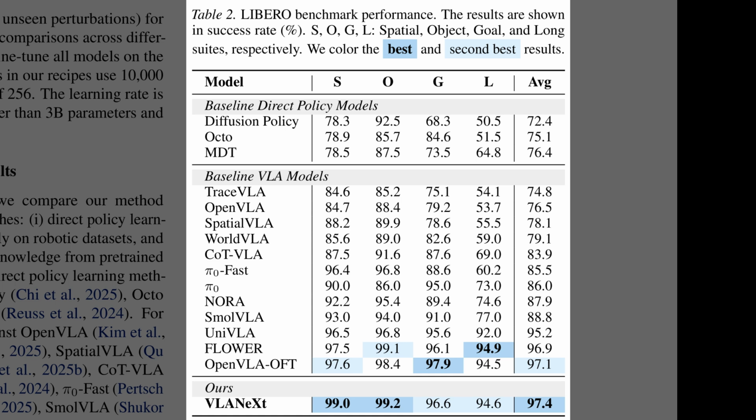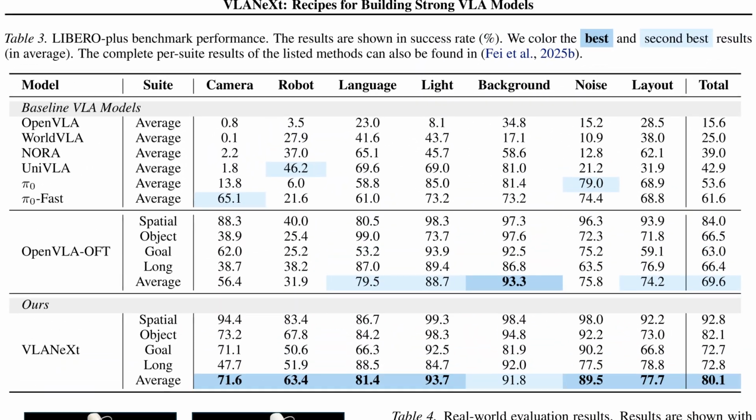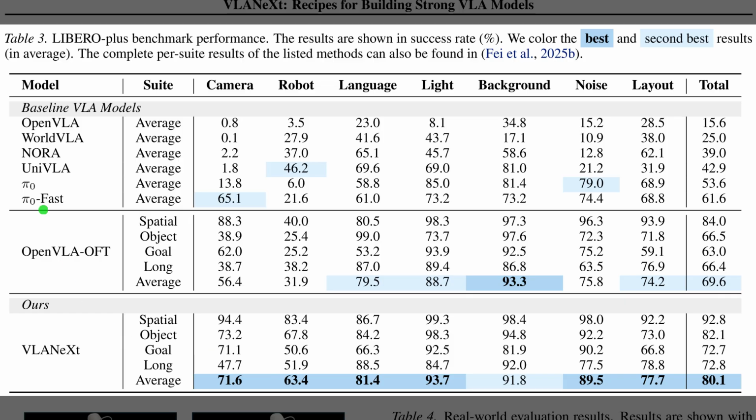Well, while the previous table covered standard tasks, Table 3 puts the models to a much harder test on the Libero Plus benchmark. This suite measures robustness against unseen perturbations listed in the columns, such as changes in lighting, camera angles, and background clutter. In the top section, we see that standard baselines like OpenVLA struggle heavily, averaging only 15.6%.